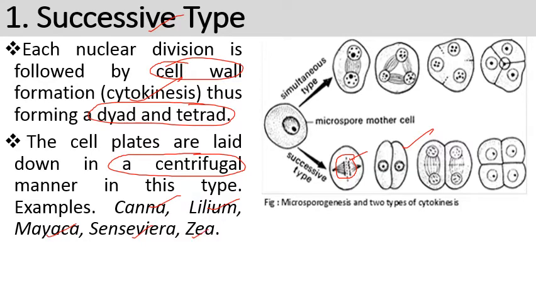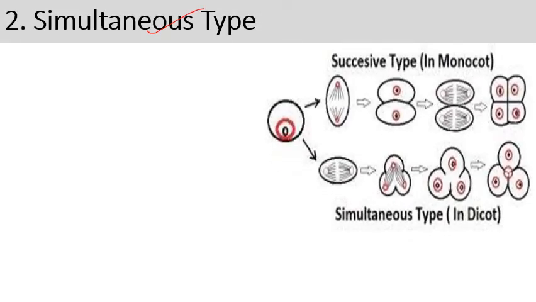तो इन plants में इस तरह की division होती है, that is successive type, in which nuclear division is immediately followed by cytokinesis. Second type is simultaneous type. इसमें जो cytokinesis होता है, that is at the end of Meiosis-II. So in this photograph we can see here simultaneous type. ये dicots में होता है और successive type mostly monocot में होता है.